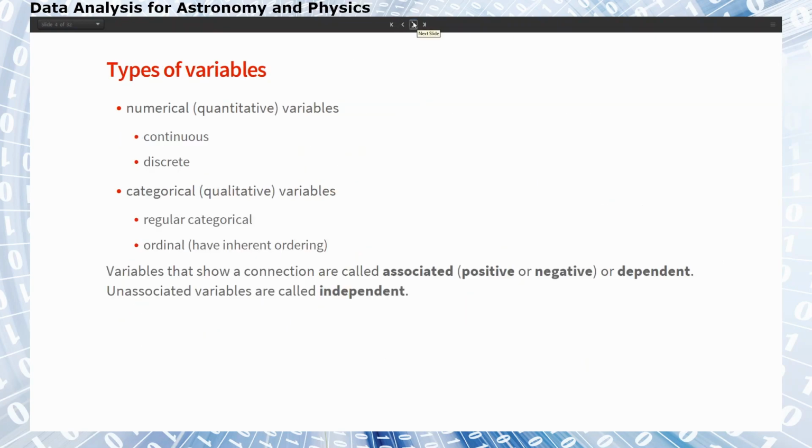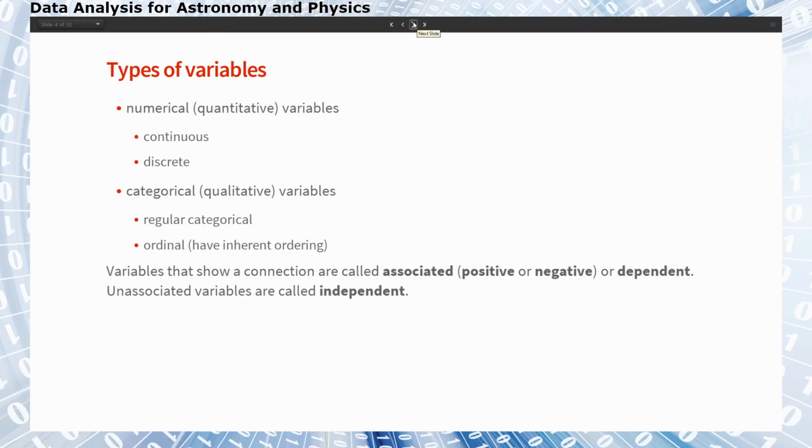Variables come in different kinds. There are numerical, quantitative variables. They can be either continuous or discrete. So for example, a continuous quantity could be the height of a person. A discrete quantity could be, for example, the number of children this person has. And there are qualitative variables or categorical variables. These can be either regular categorical variables.